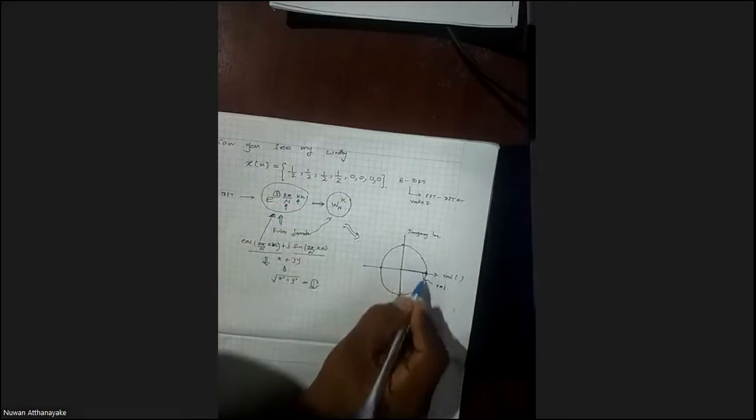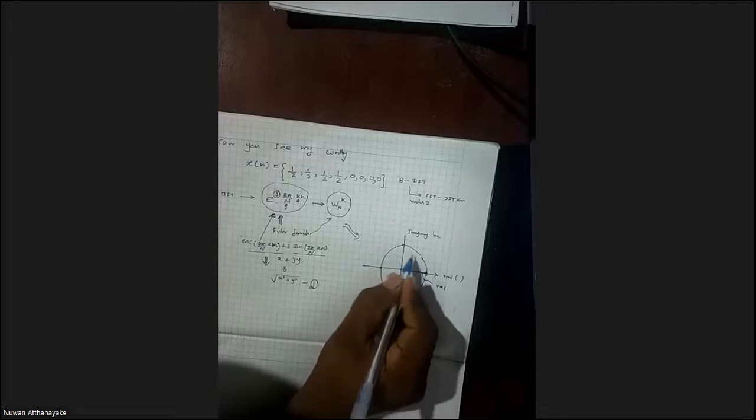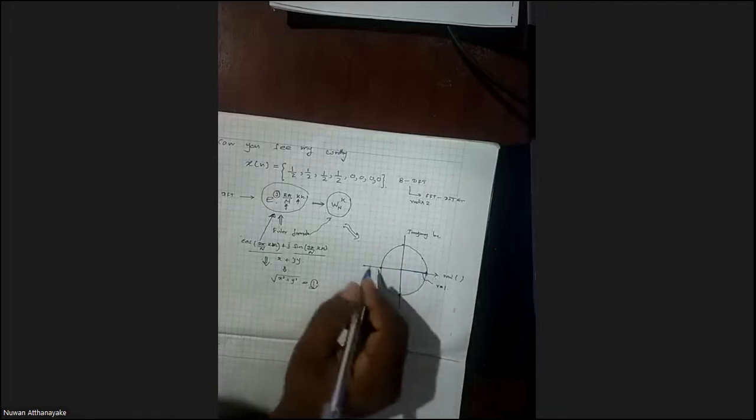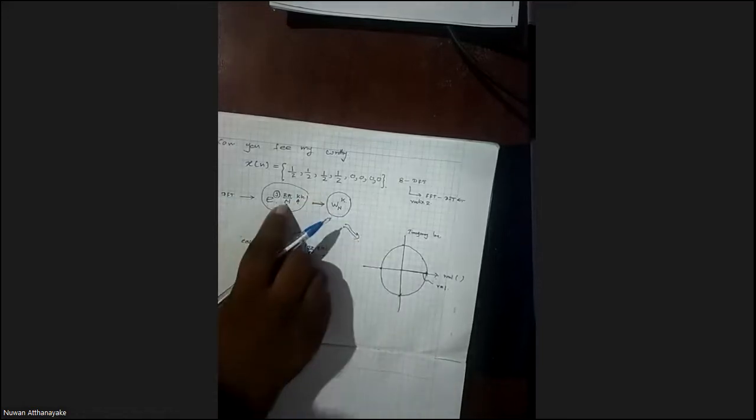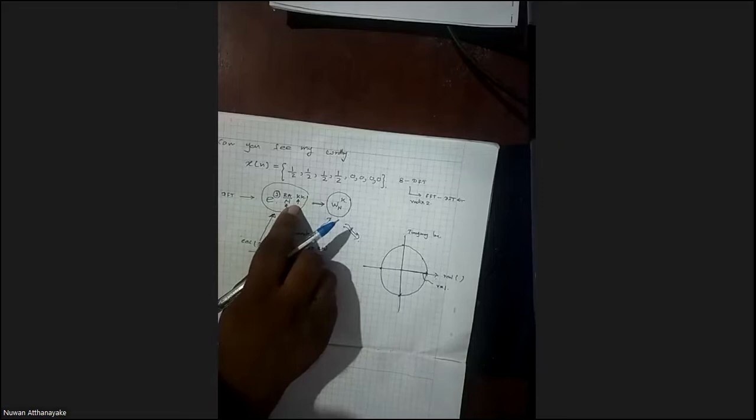Now say my endpoint N. You can see that this is 2π, so this is a 2π circle. If I ask you to find the 8-point DFT, this term will be 2π by 8. If I ask for the 16-point DFT, this term will be 2π by 16.